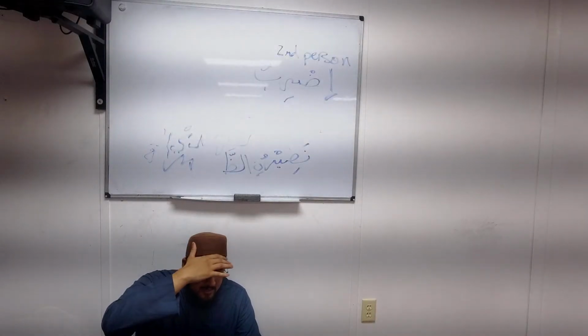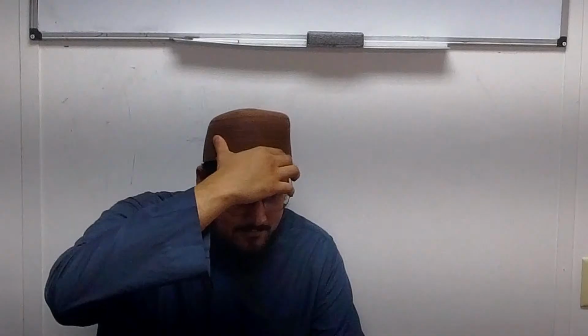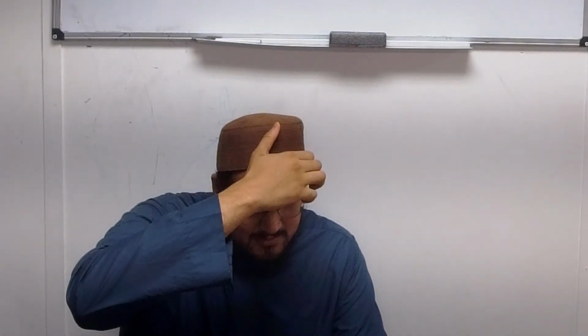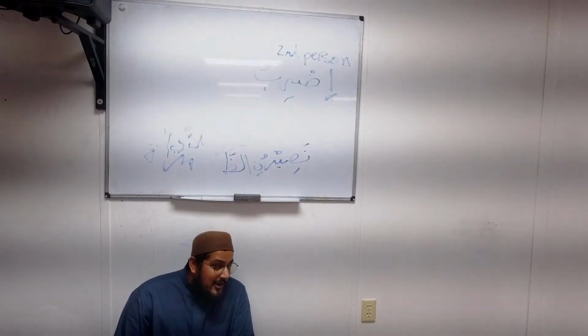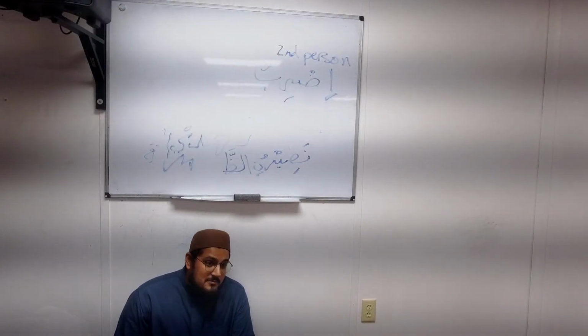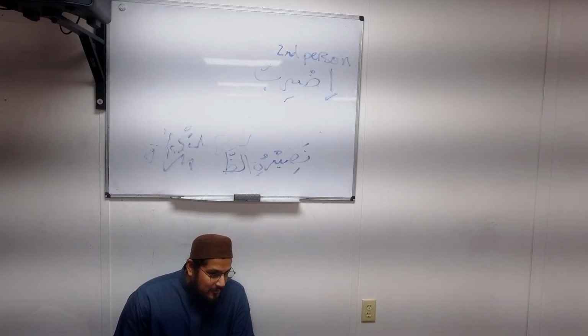Let's go ahead and look at "master" or "chief." What is the word in Arabic? Sayyid. A sayyid is a leader, a master. The plural of sayyid is what? Sadatun. It ends in ta, but that ta is not used to denote femininity. Sometimes ta can exist in masculine words. For example, Hamza ends in ta marbuta: Hamzatu Asadullah, you might have heard in a khutbah.